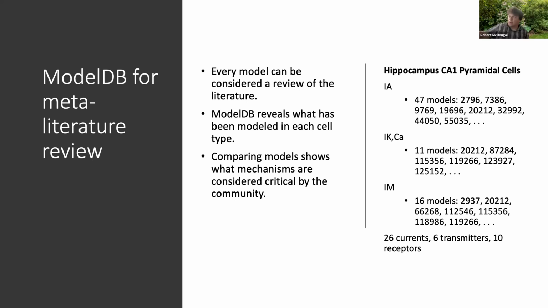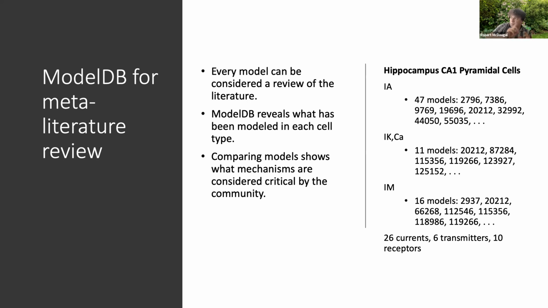So I just want to point out that once you have this resource where everything is aggregated, there's 700 and some odd, I don't know, neuron models, right? Then you can start asking questions in these meta literature reviews, like, what ion channels have been represented in CA1 pyramidal cells? Well, there's 47 models with CA1 pyramidal cells and only CA1 pyramidal cells, so we don't have to worry about these multi-cell things.